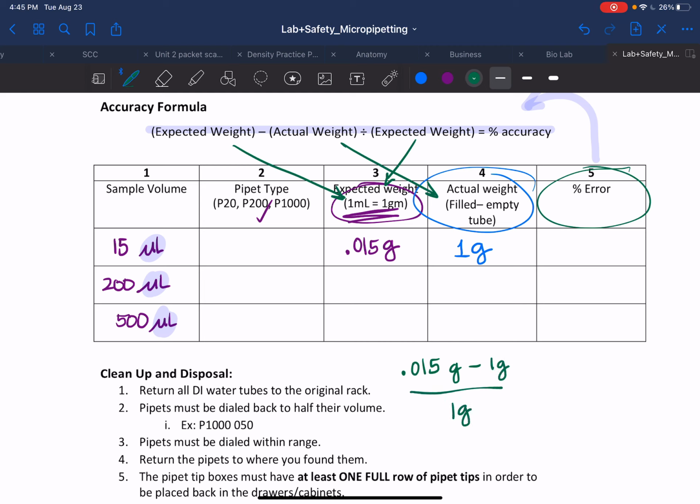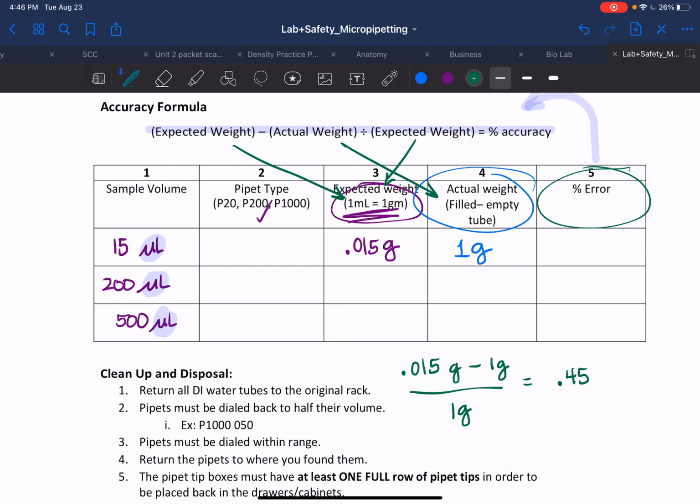Now this setup, because it is so weird and so inaccurate, is going to give me a negative number, but it should not give you a negative number. It should give you some sort of positive decimal, but I'm not going to calculate this out because I already know it's going to be negative and that's not what we need. So let's pretend that I got 0.45. I know that's not mathematically sound, but let's just pretend.